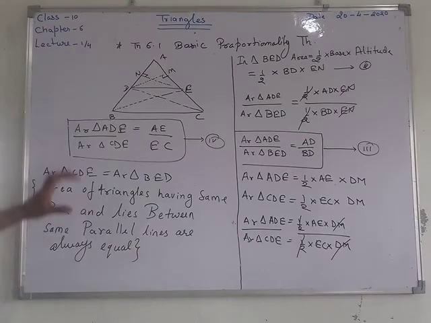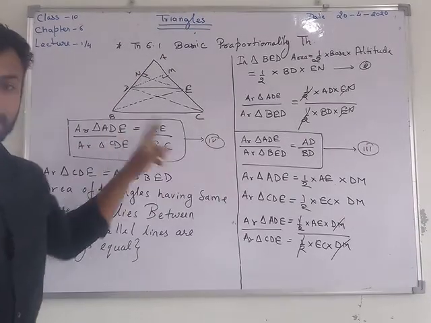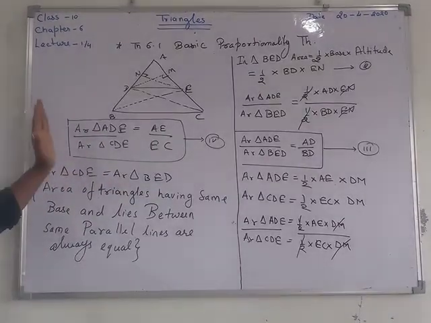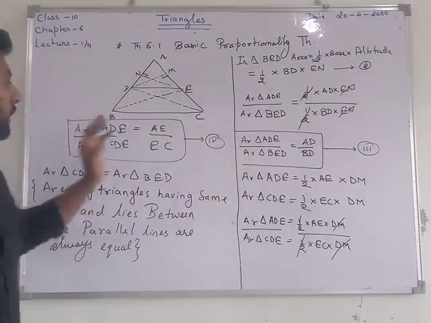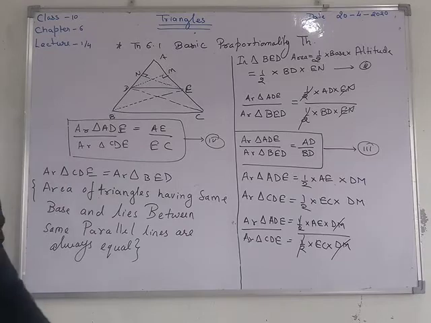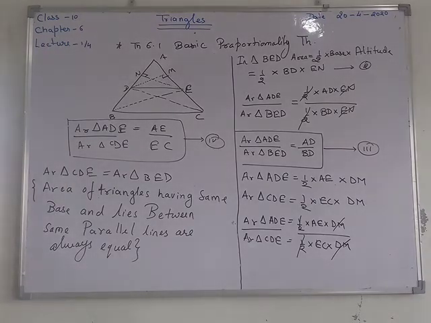Now we can say that this ratio will be equal because numerator and denominator are the same. So if the left hand sides are equal, therefore the right hand sides will also be equal.